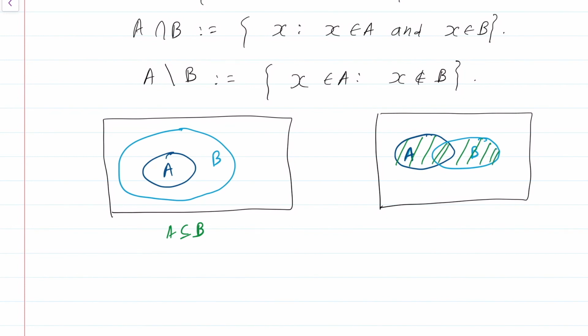The intersection is the common part, and A set minus B, or A set difference B, is just this part. The B part is not there. So these Venn diagrams illustrate the concept of union, intersection and difference.